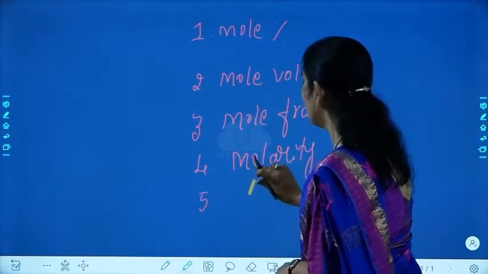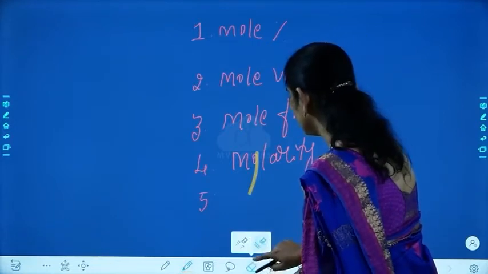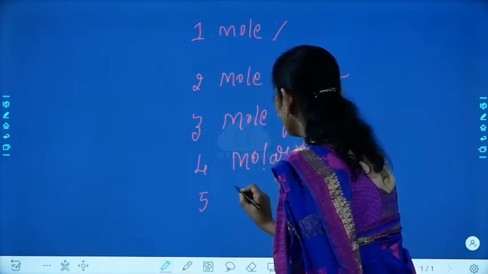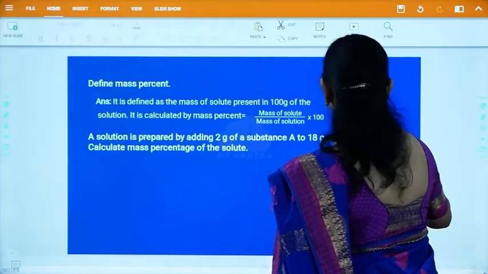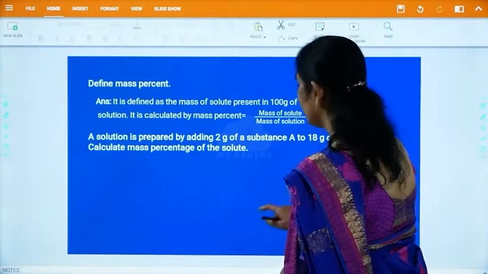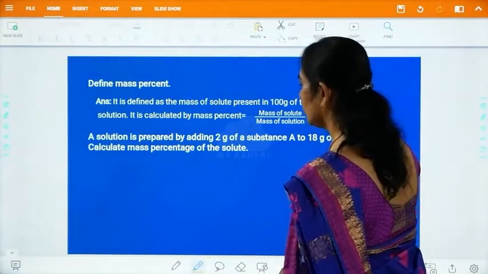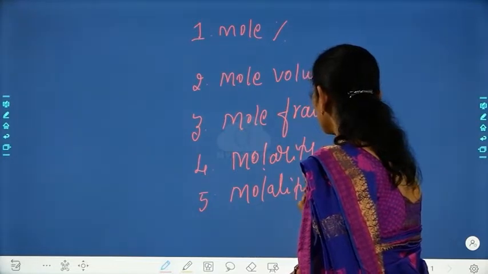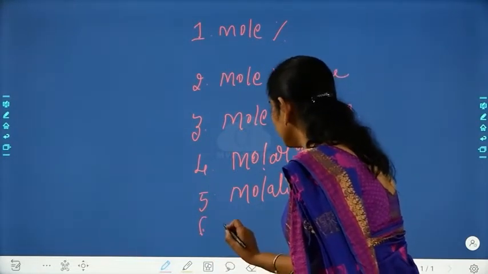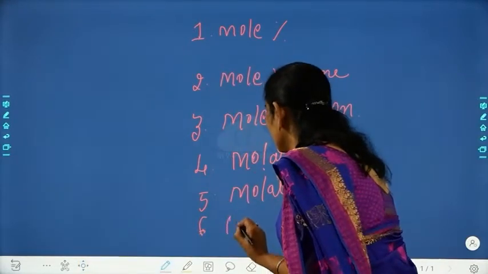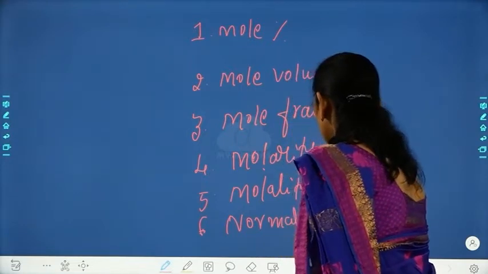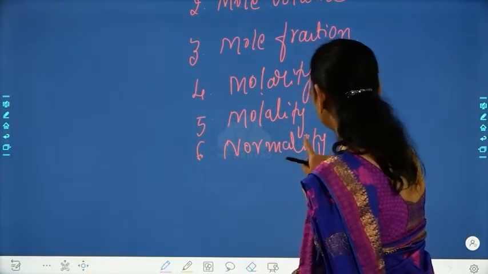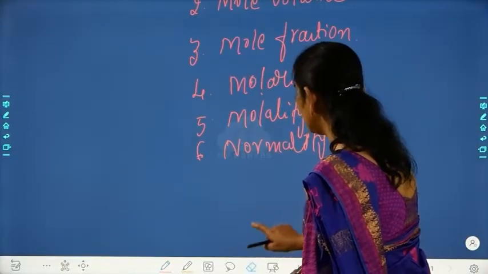Fifth is molality. Sixth is normality. Like this, there are different methods through which you can express the strength of the solution.